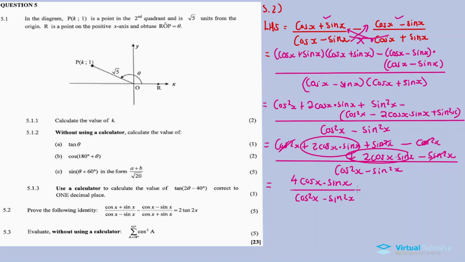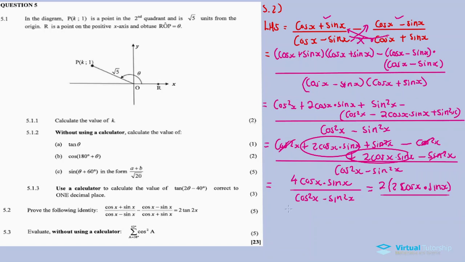It's pretty obvious the denominator is a double angle. This one is not obvious, so I need to take out the 2, or let's split the 4, so that we get the double angle for sine. Remember, the aim is to have tan 2x, and tan 2x is sine over cos. This tan is a double angle, so the numerator must be a double angle as well as the denominator.